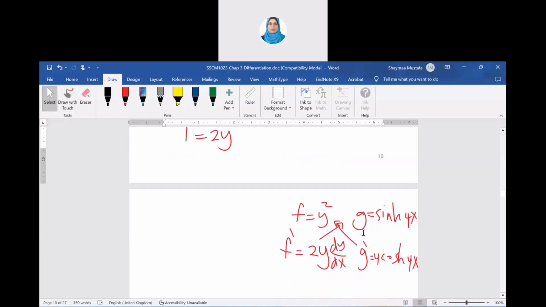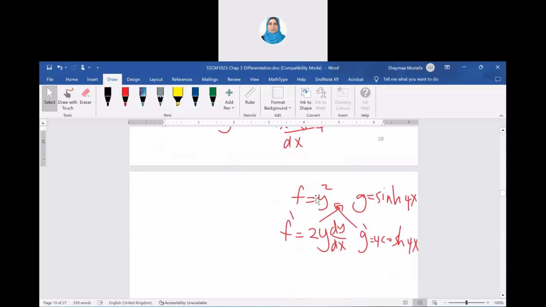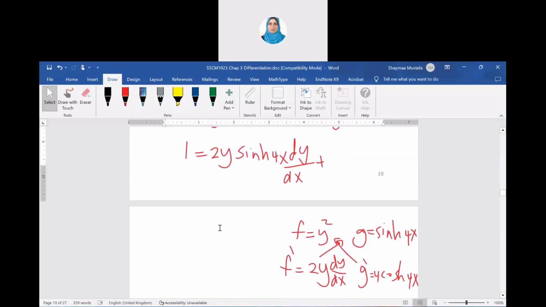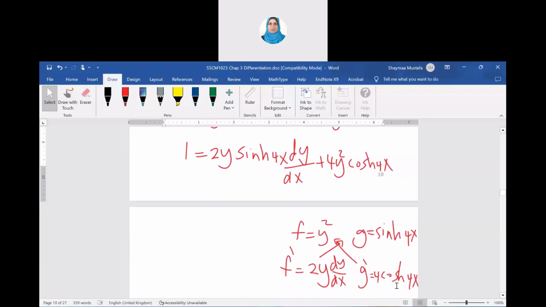The derivative for f times g is 2y sine 4x dy over dx, plus the derivative for g times f, which means plus 4y squared cosine 4x.